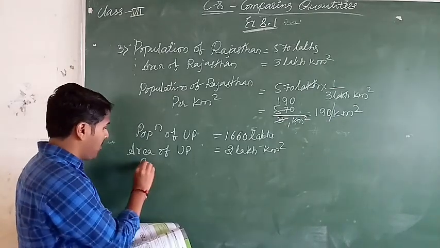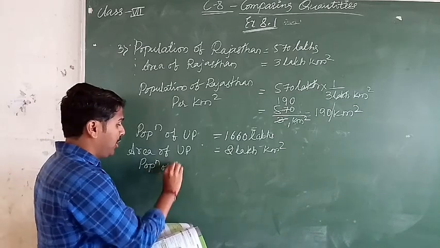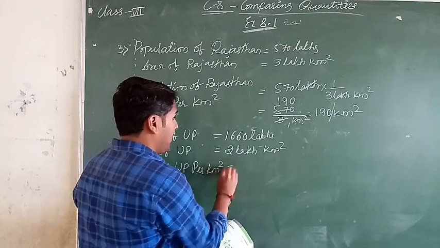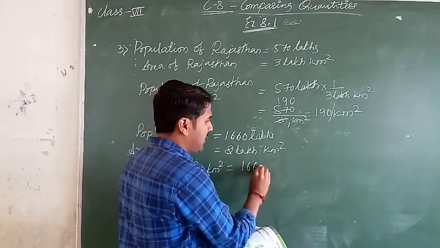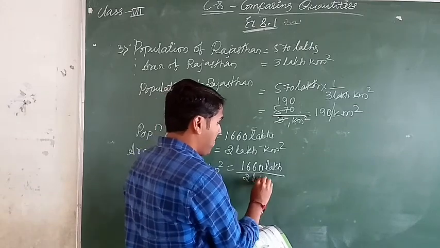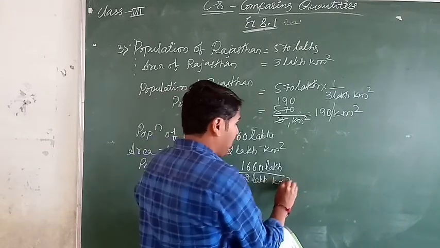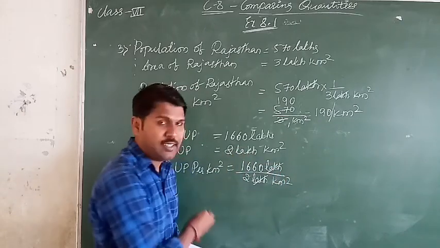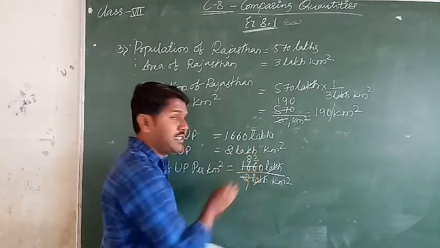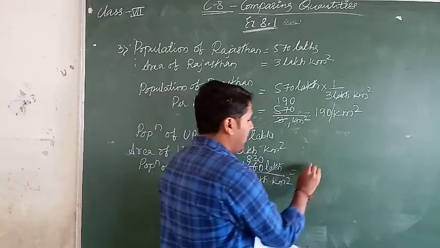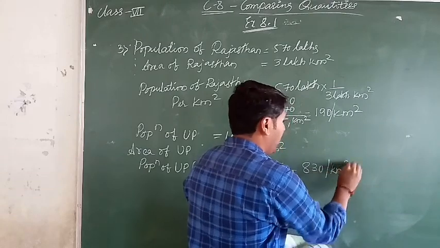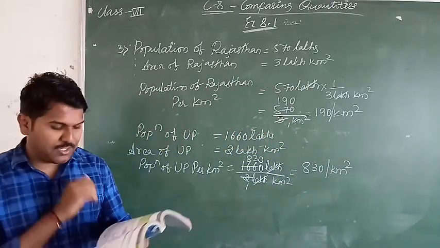That is 1660 lakh divided by 2 lakh kilometer square. Lakh gets cancelled. 2 ones are 2, 2 eights are 16, 2 threes are 6, and 0 as it is. So what will be the answer? 830 per kilometer square. So this is the first one.